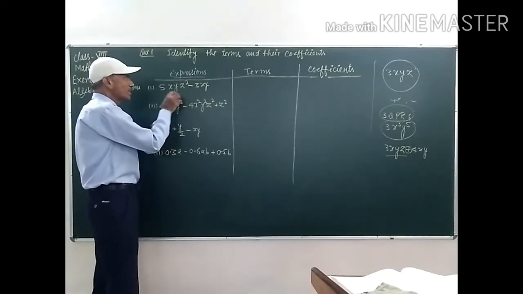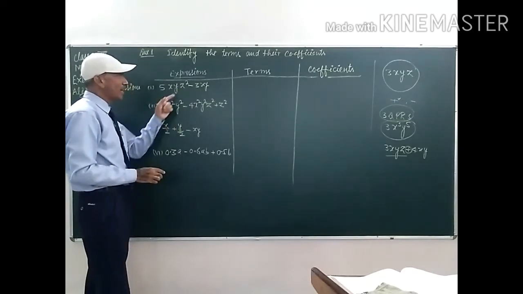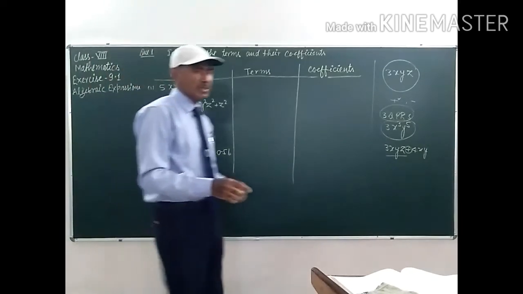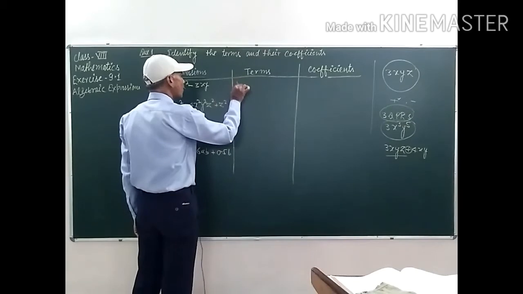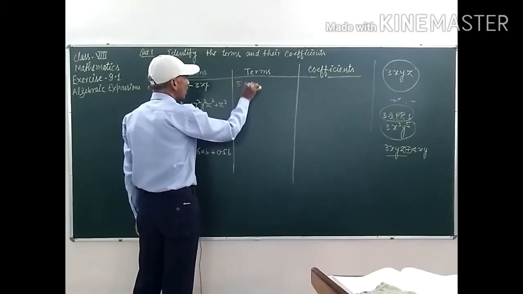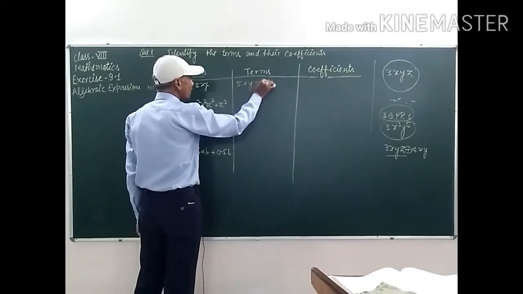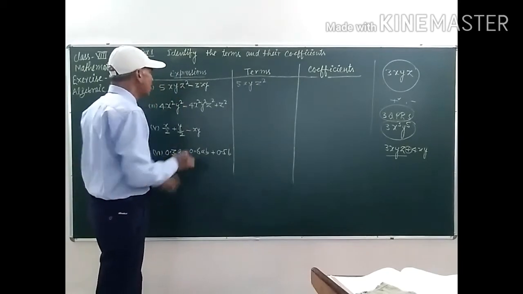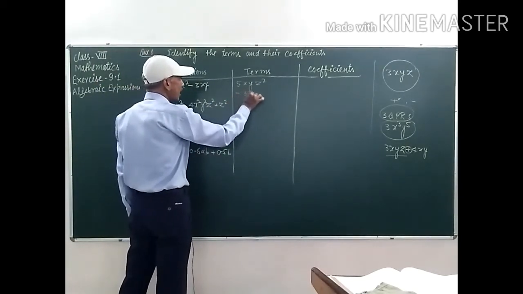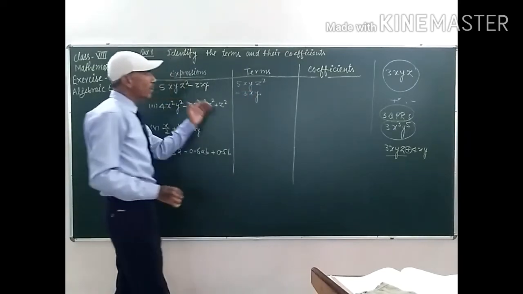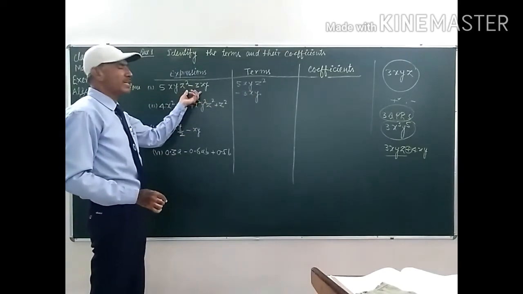So first term is 5xyz square. Students, this one, first term, 5xyz square. This is the first term, and the second term is minus 3xy. Students, you have to write the terms with their sign.